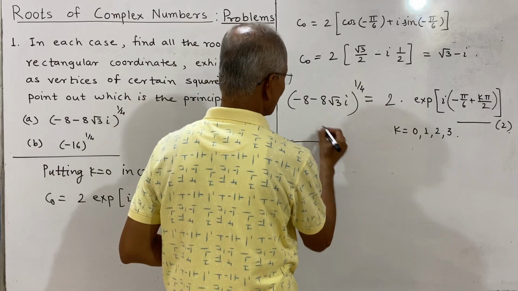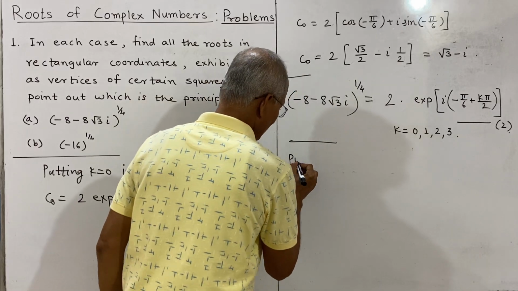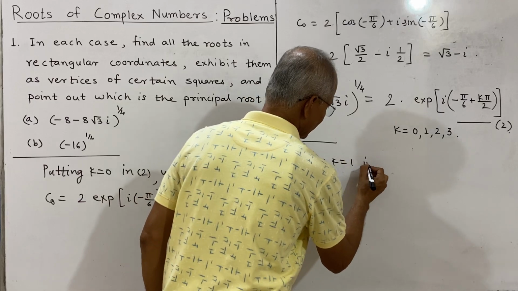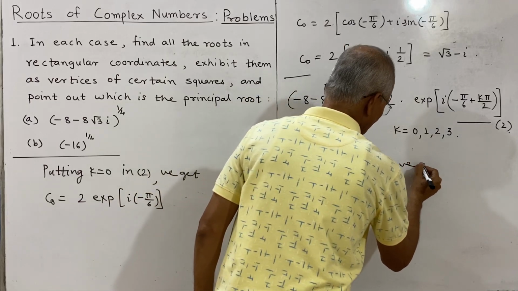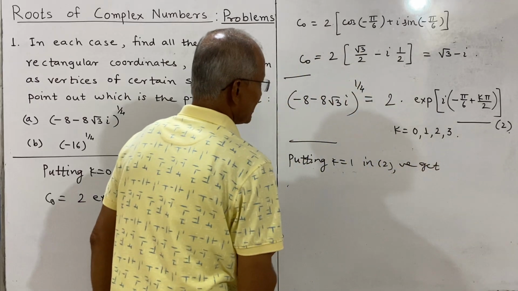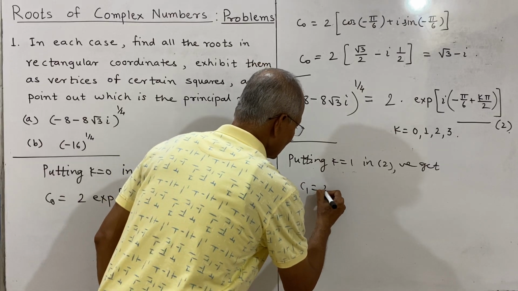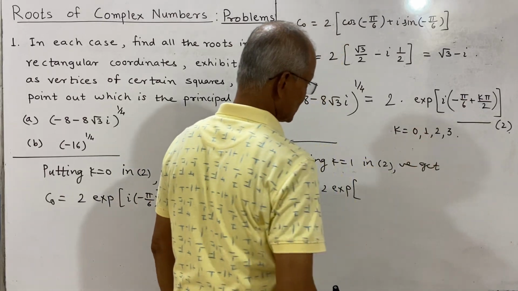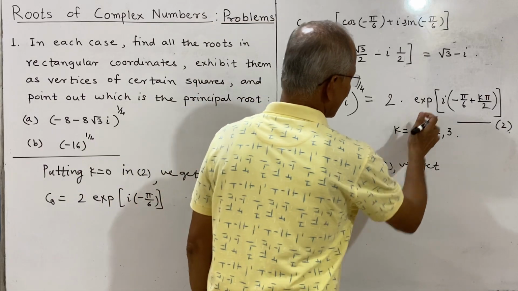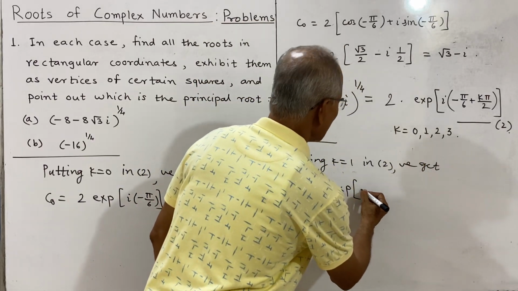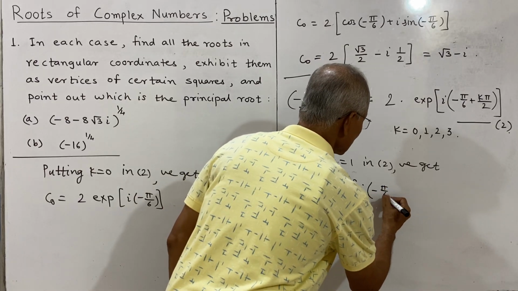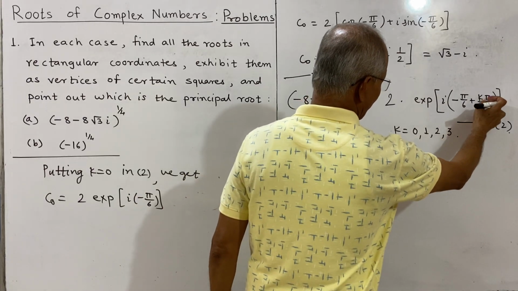I shall write below. Putting k equal to 1 into 2, we get C1 is equal to 2 exponential of, k is 1, and that is i into bracket minus pi by 6 plus pi by 2.